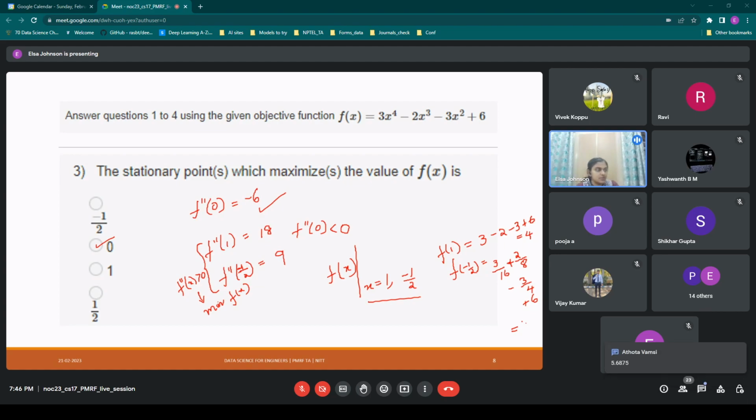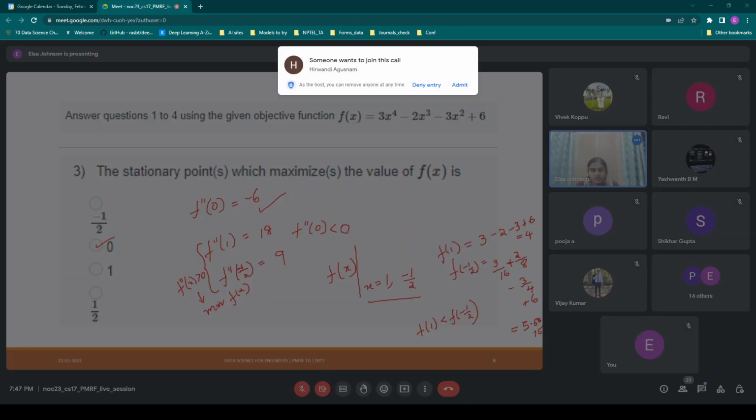Yeah, 5.6875. That's right. So 5.6875. So which is f of 1 and f of minus 1 by 2, which is greater? F of minus 1 by 2 is greater. Yeah, so the maximum value, right?